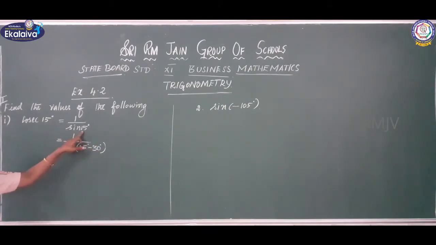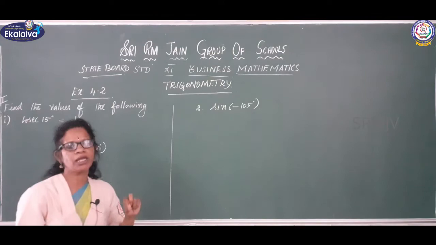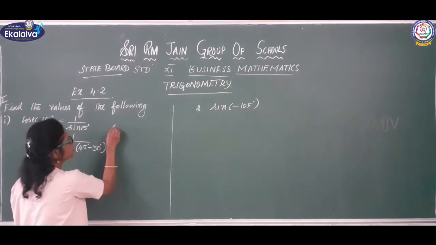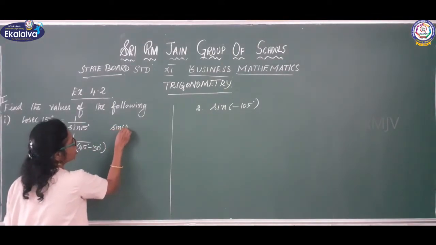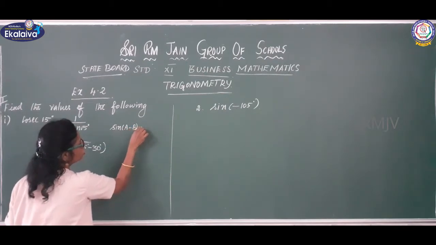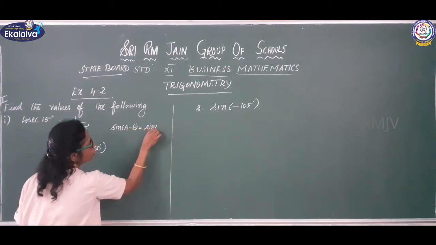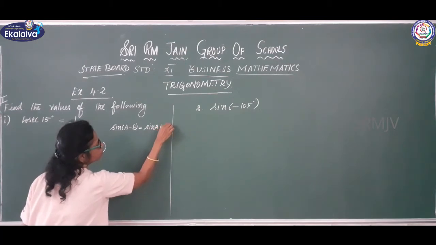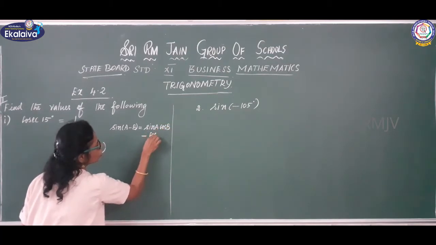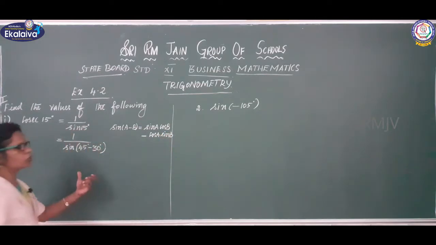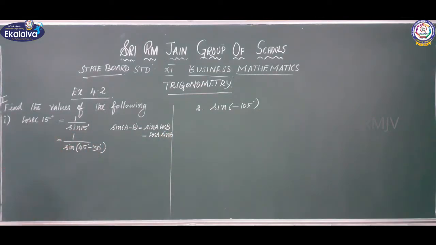Sin (45 minus 30) gives 15 degree. Now I know the formula, sin (A minus B) equals sin A cos B minus cos A sin B. Whatever formula we use, you should write it on the right side.